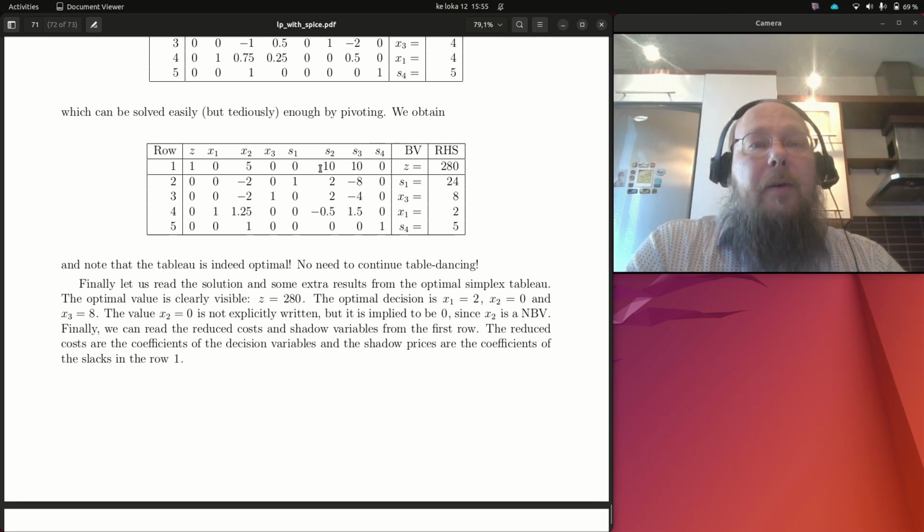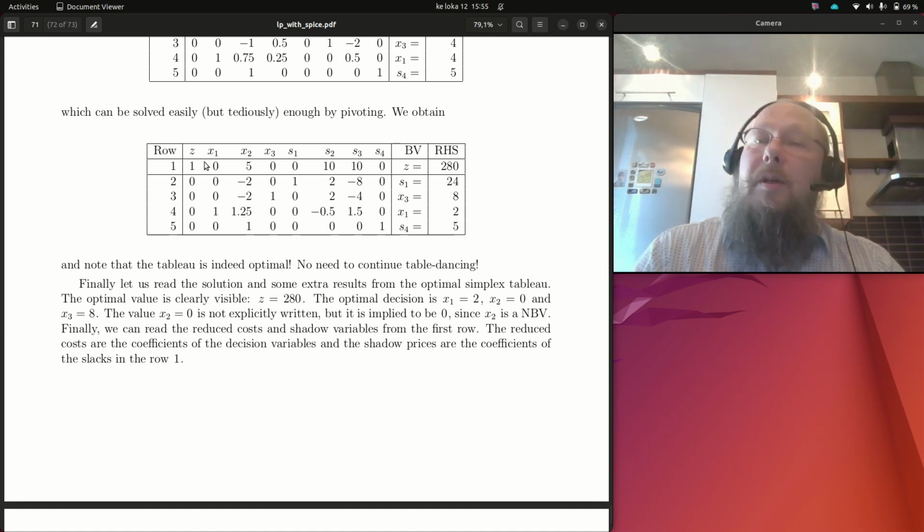And how do you read them? You read them in the first row here. The reduced costs were related to the decision variables.